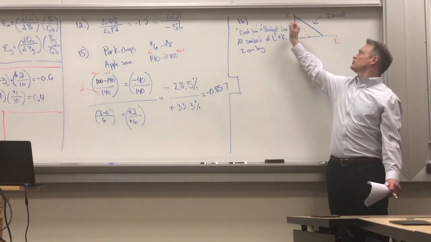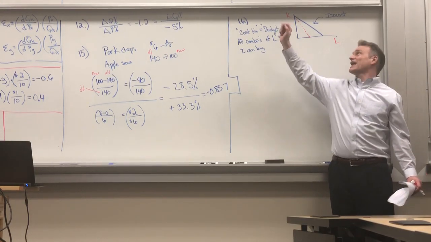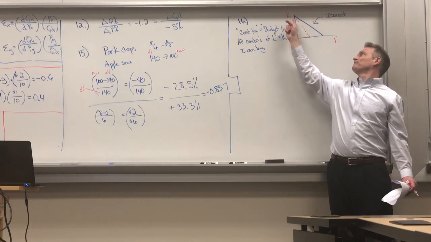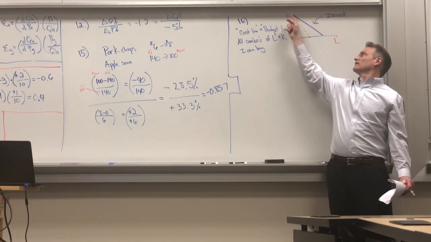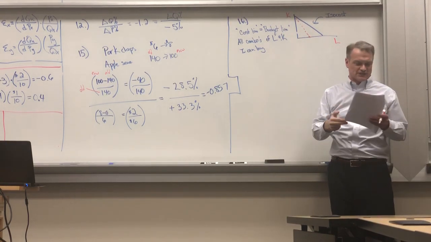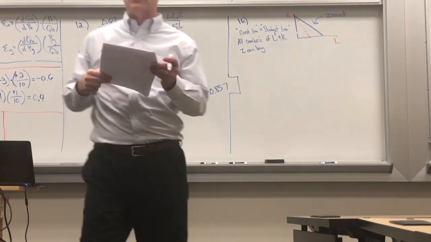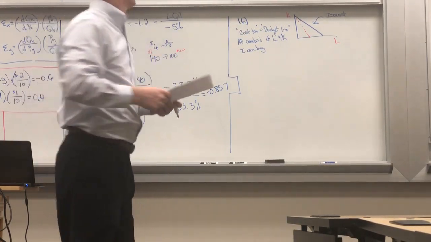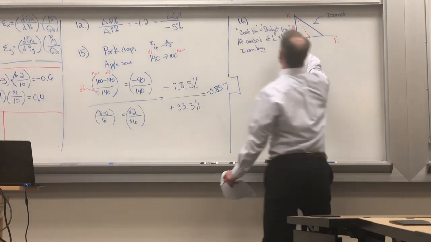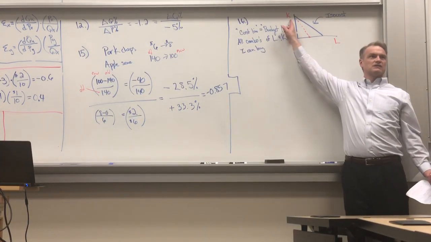So that's why the answer is C, a decrease in the horizontal intercept. This guy is the vertical intercept, or my y-intercept. Right?